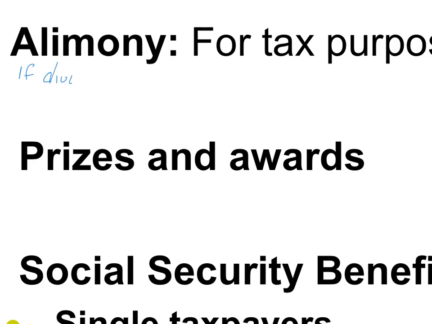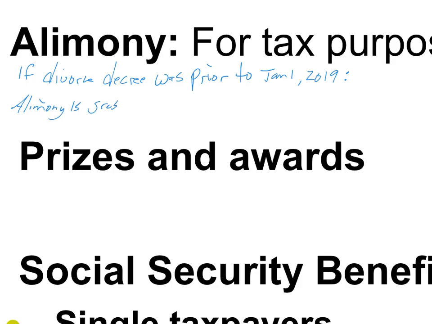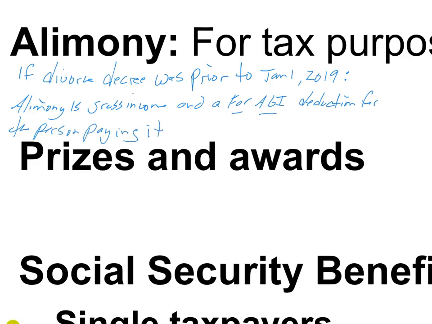If the divorce decree was prior to January 1, 2019, alimony is gross income to the person receiving it and a for AGI deduction for the person paying it.